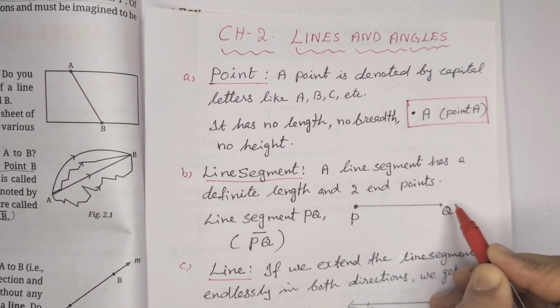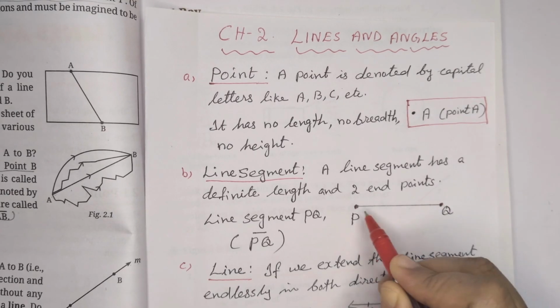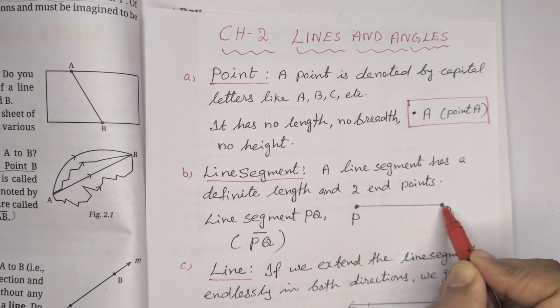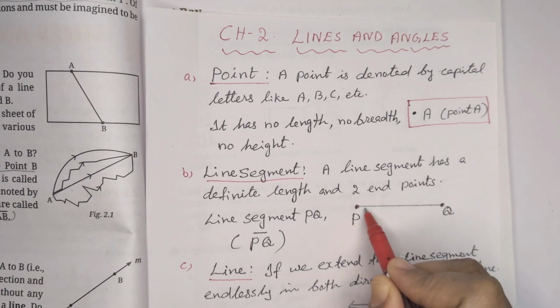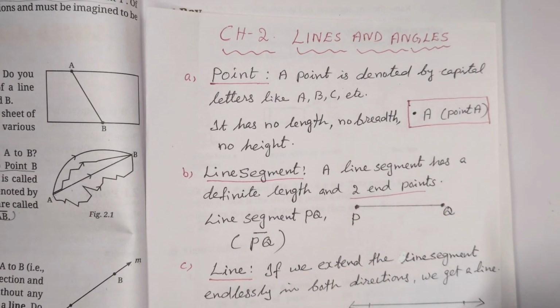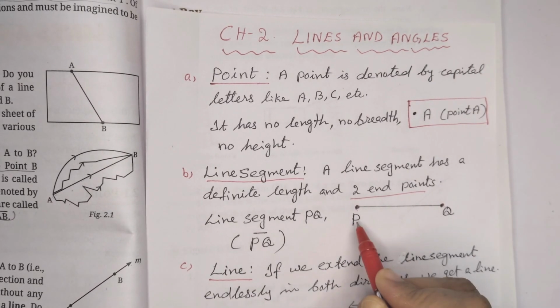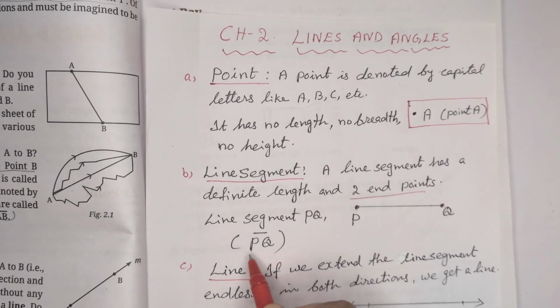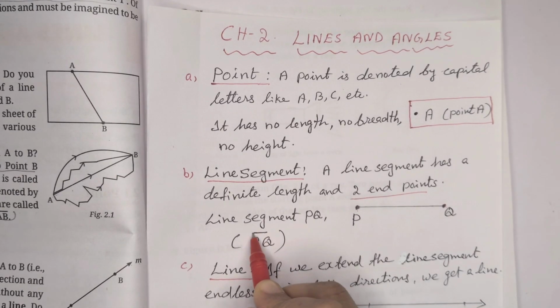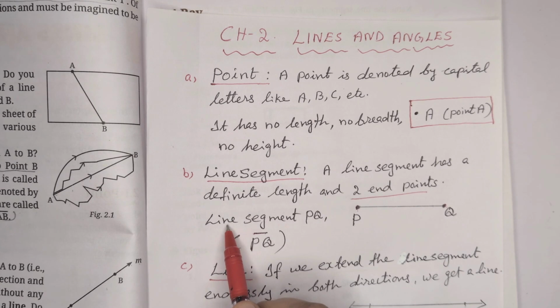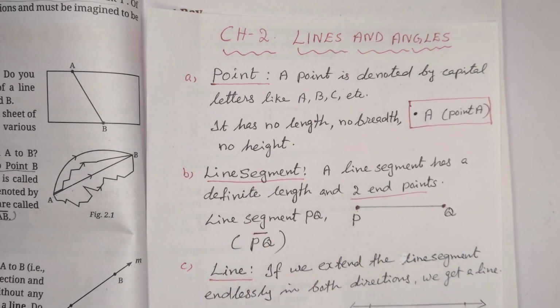This point is the starting point and this is the end point. Both points are called endpoints, starting and ending. So a line segment has two endpoints. We can represent it with points labeled by capital letters, here P and Q. So PQ with a small line on top represents a line segment, and we read that as line segment PQ.